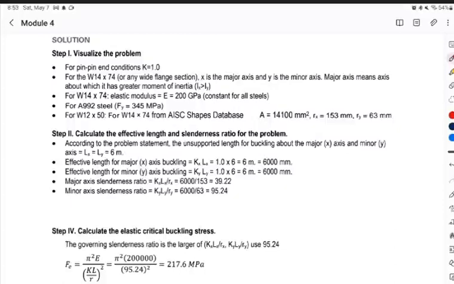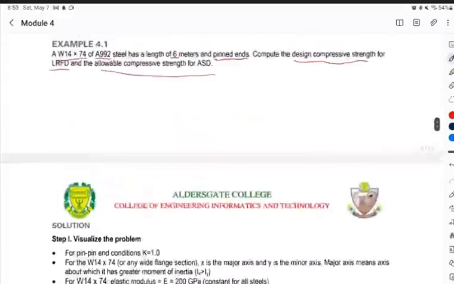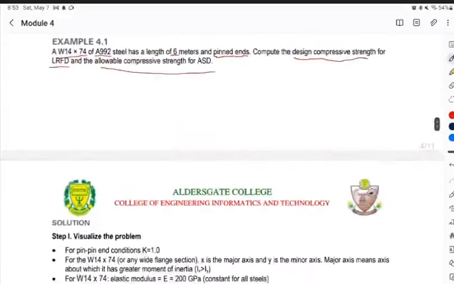So, we visualize, we have a 6-meter long column. Say this is the 6-meter length. And it is pinned at both ends.